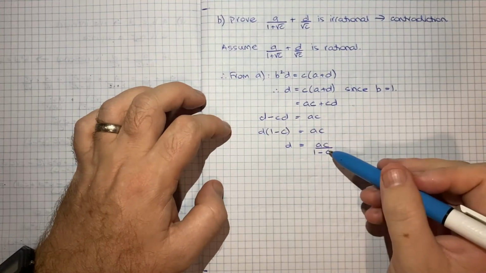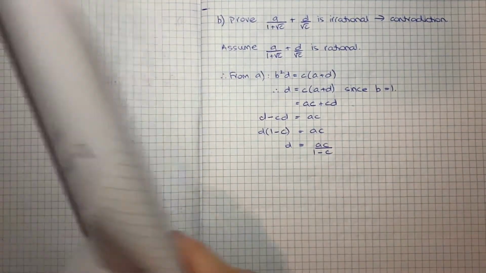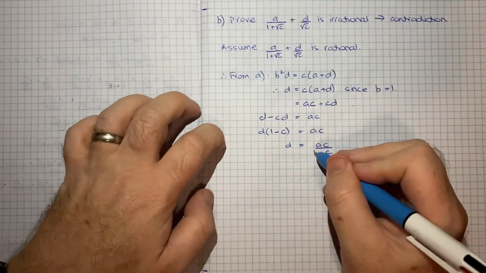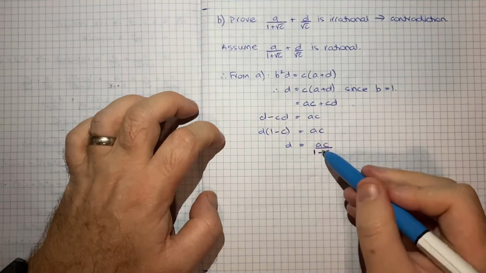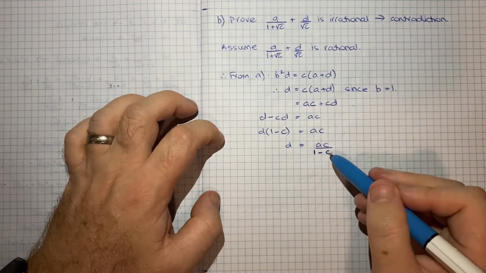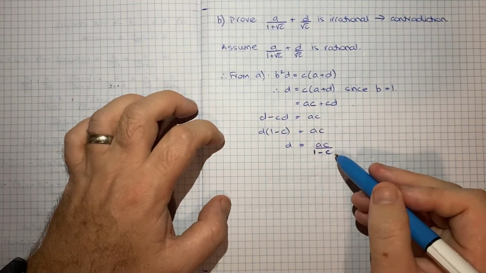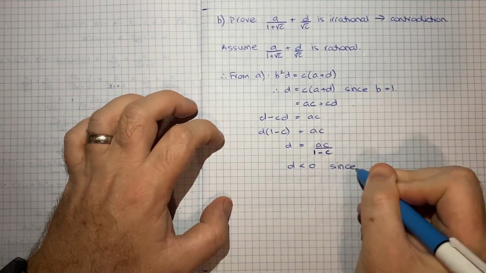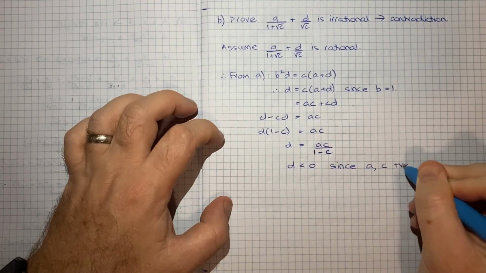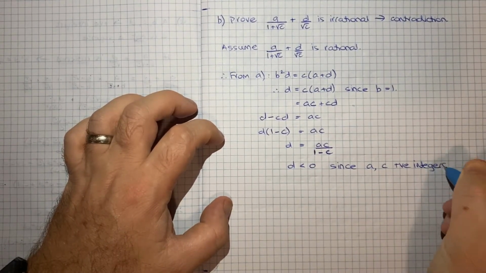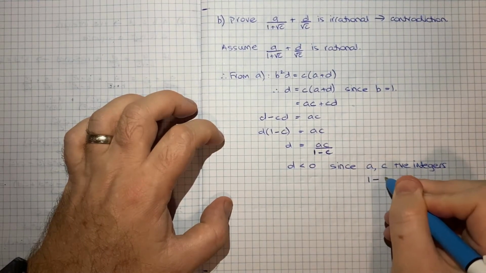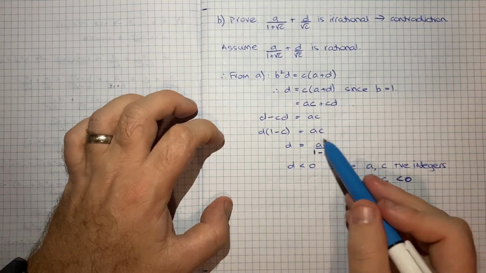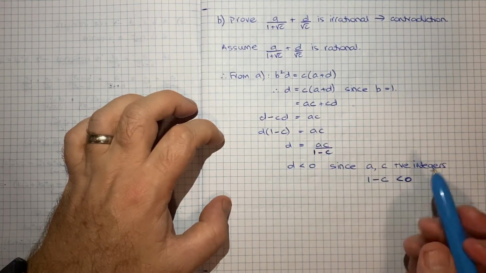And if we look at this and reflect on what we were told, hopefully you can see that there's a contradiction here, because if a and c, in this case, are positive integers, then d must be negative, since a and c are positive integers, and that must mean 1 minus c is negative. And if you've got a positive number divided by a negative number, you end up with a negative number.